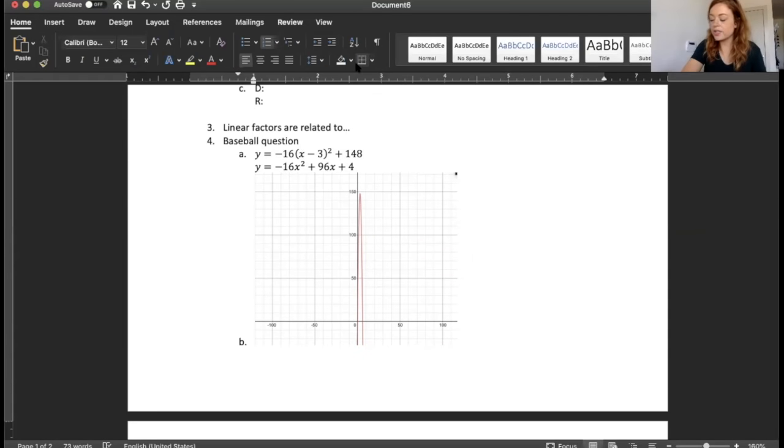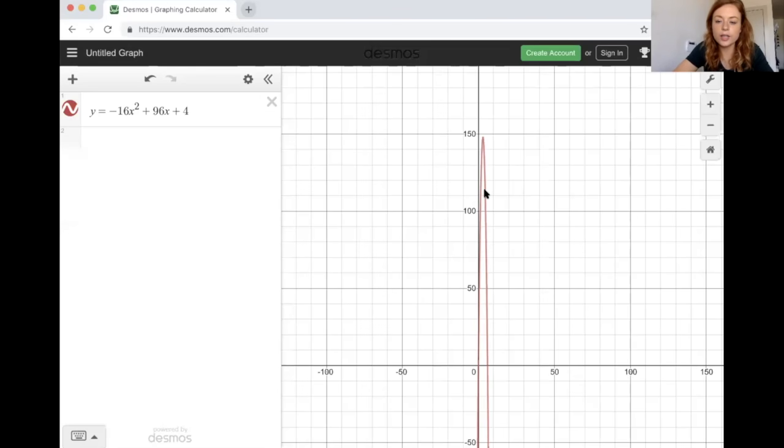Okay. Part C said to identify the vertex, the y-intercept, the zeros of the function, and justify their meaning. So let's flip back over to Desmos so we can look at exactly what those are. Desmos will tell us. We're going to click on our graph, and then we can see our vertex is 3, 148.